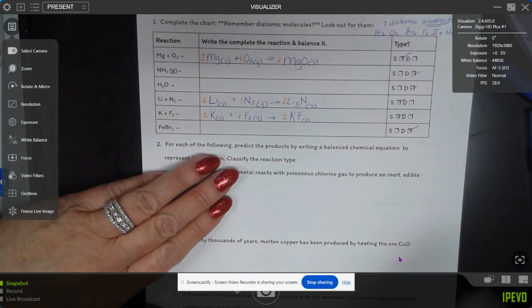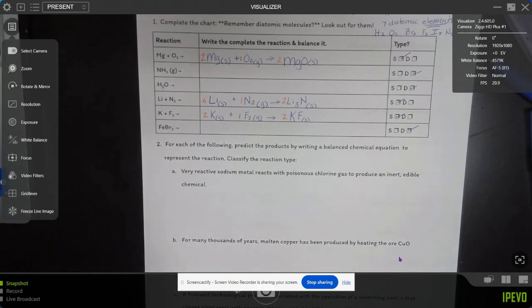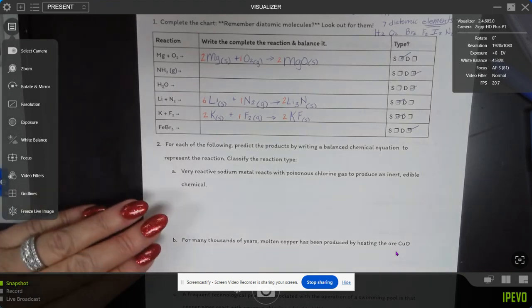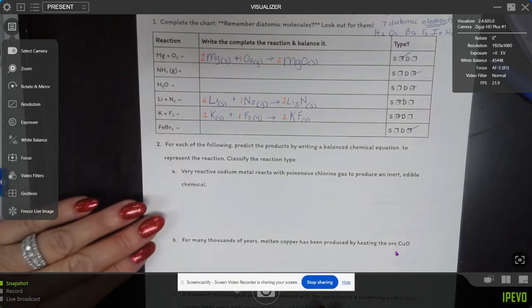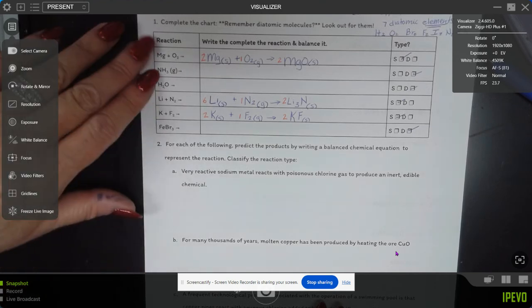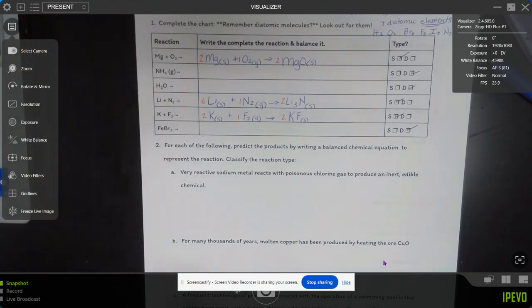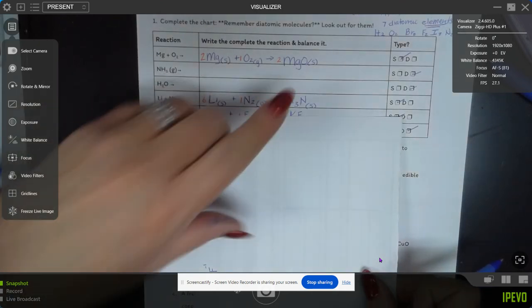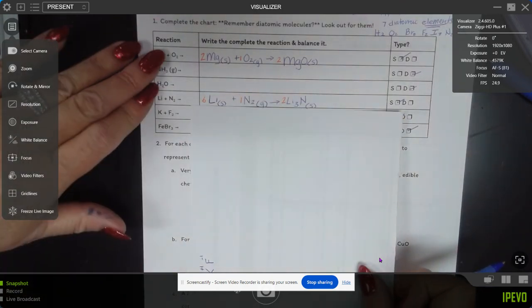Okay, so that's synthesis. Let's switch gears and talk about decomposition. In synthesis, we were combining the elements and crisscrossing charges.